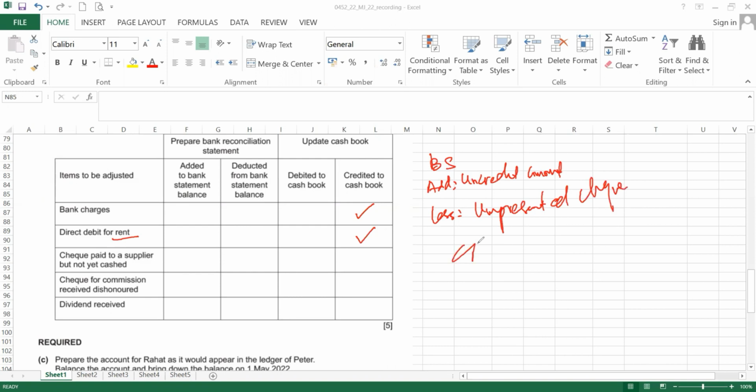Then we get the cash book balance. So therefore, this one, cheque paid to supplier but not yet cashed, is an unpresented cheque. So we have to deduct it from the bank statement.